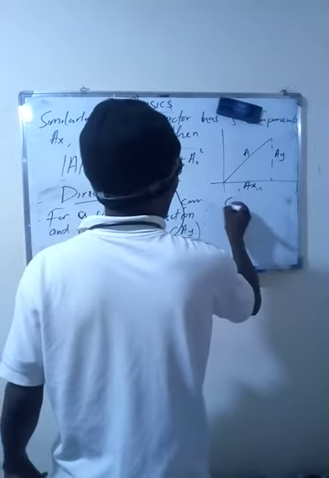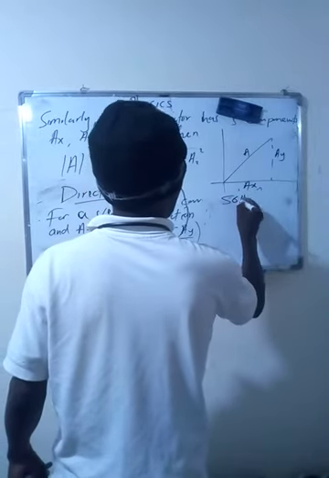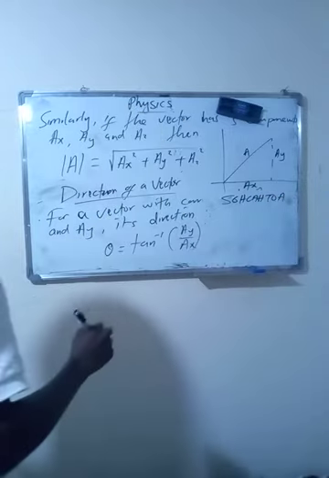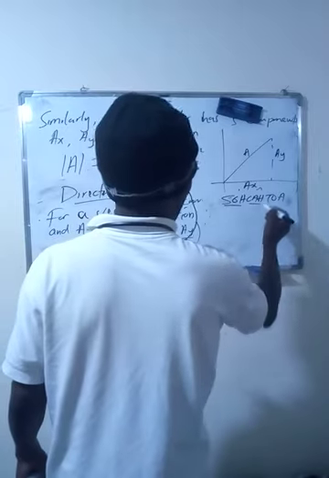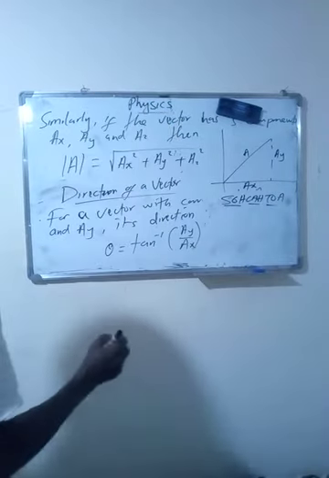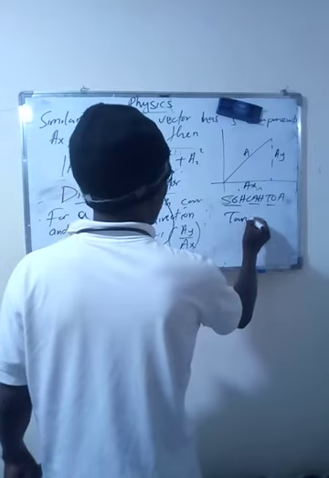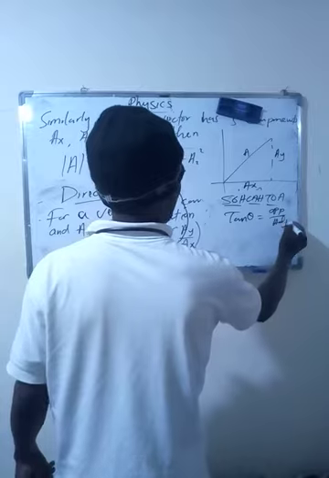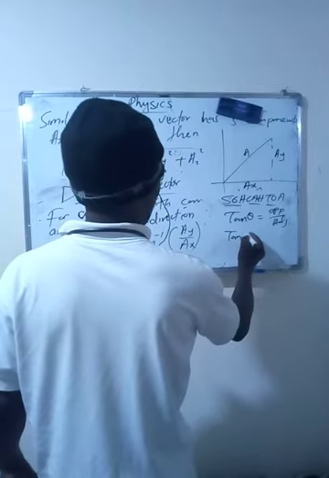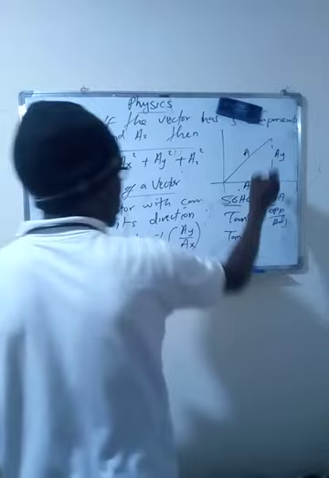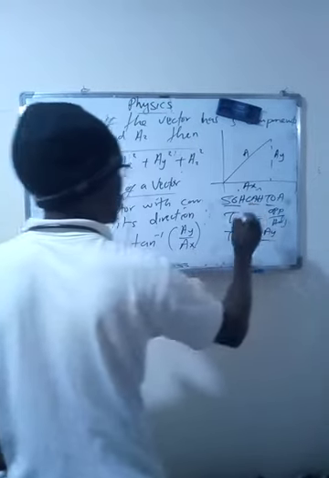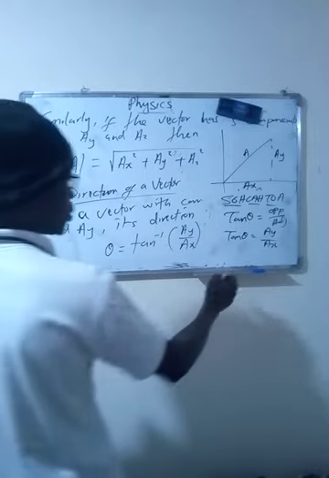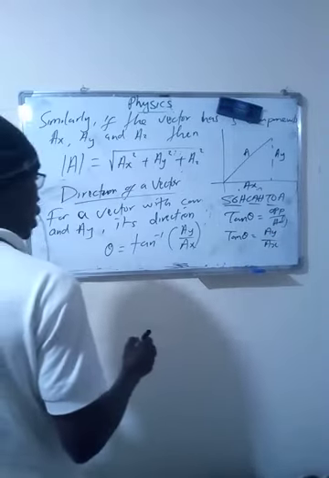Now let's look at tan. So it says that tan theta is equal to opposite over adjacent. So it means that tan theta is going to be equal to our opposite, which is AY, and then our adjacent is what? AX. We want to remain with theta, so theta is going to be equal to tan inverse of what is on the right hand side, which is AY over AX, and that is what is written down right here.